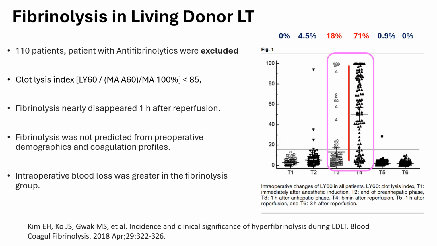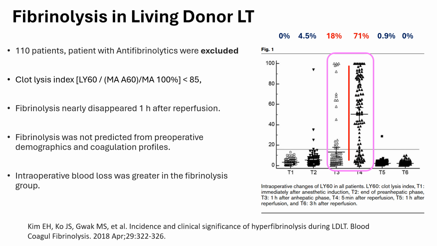This study from 2018 looks into the incidence of fibrinolysis in living donor liver transplantation. All patients who received antifibrinolytics were excluded from the study. A total of 110 patients were included, and they defined clot lysis index as anything less than 85%. Looking into the figure on the right side, T1 is the time immediately after the anesthetic induction.